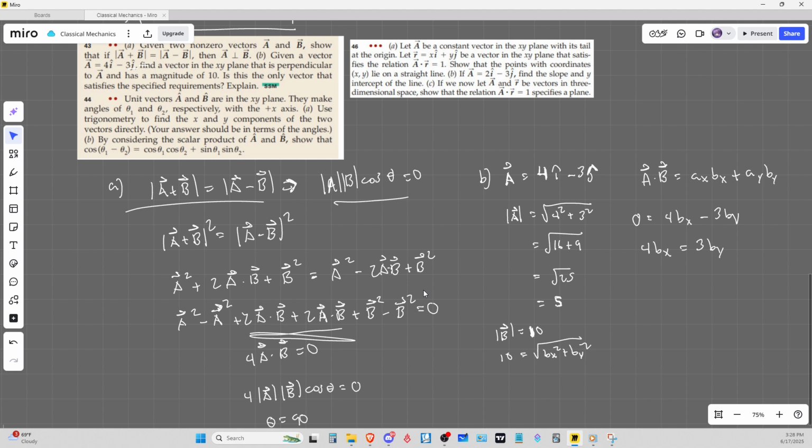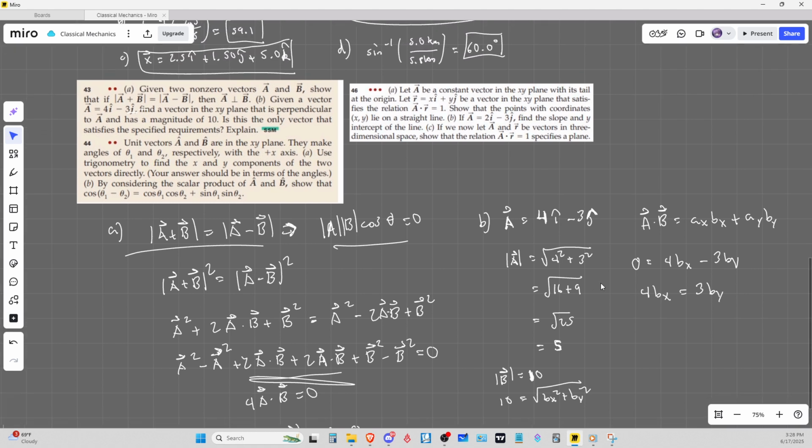Is there only 2 solutions? Why? Well, what do you mean 2 solutions? Are you just wondering why I wrote 64 plus 36? I don't think there's only 2 solutions. I'm just saying that because this question asks, is this the only vector that satisfies the specific requirement?